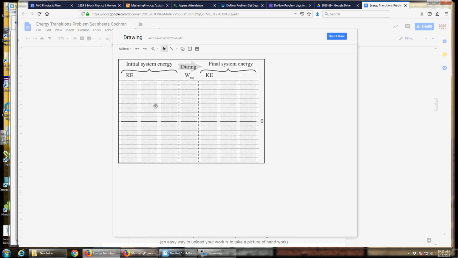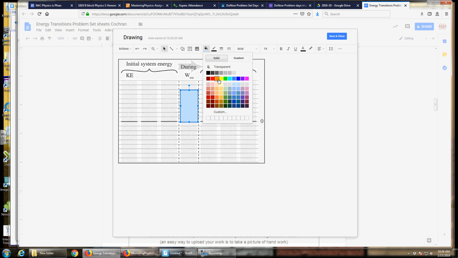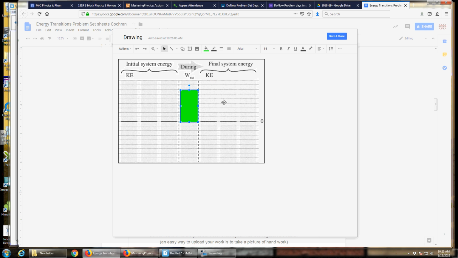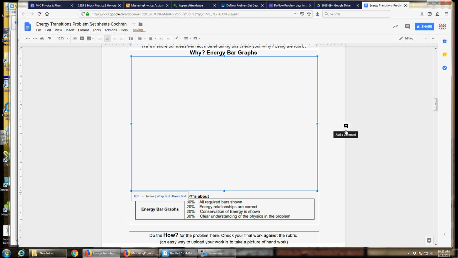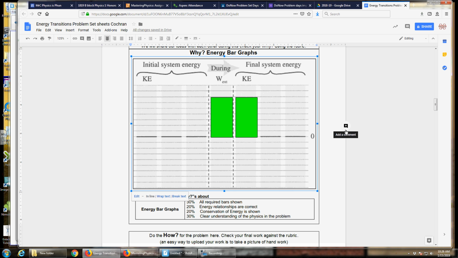So at the beginning, not moving, then doing some amount of work on them. Give it some more interesting color than that. And that work goes directly into their kinetic energy. So that's what I had for my bar graph.